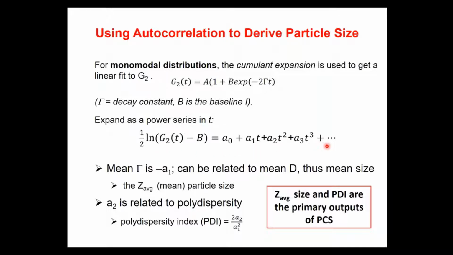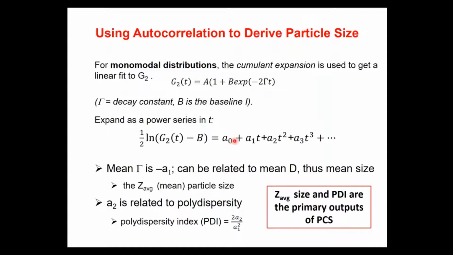As with most series expansions, we're going to count on the fact that time is small, or this variable is small, and so we can disregard the higher order terms. But there is a physical meaning for the coefficients for the linear term and the squared term. We cast this decay as exponential with a characteristic decay constant of gamma.